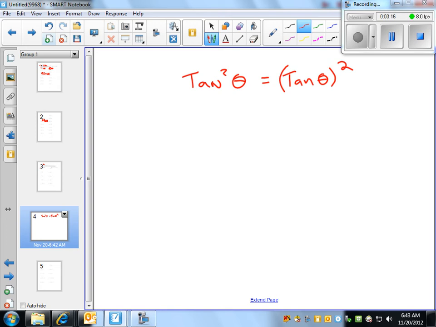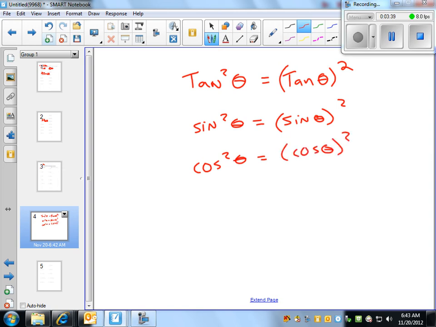We use that in the simplifying expressions ideas, but in this particular case, I want to say that tangent actually is squared. Well, that's going to work the same thing for sine squared here. So this would be sine of theta, quantity squared. Same thing for cosine, and so on. All of our trig functions are going to work that way.